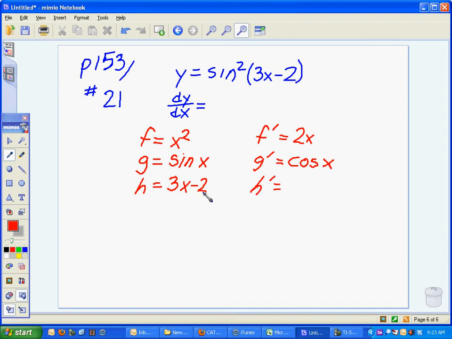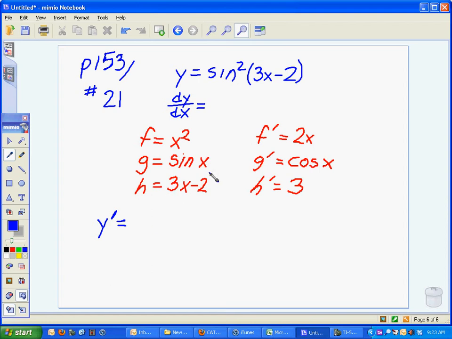H prime, the derivative of 3x minus 2, is 3. But now what does our chain rule look like when we're dealing with this many functions? Not just f and g, but f, g, and h.